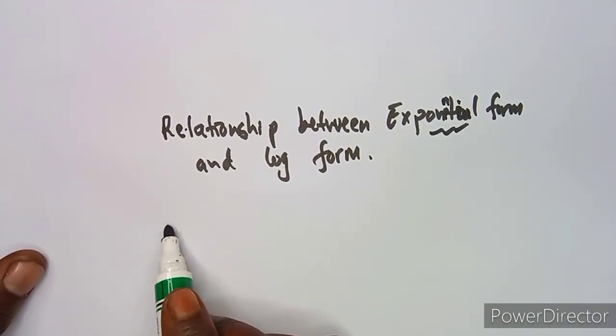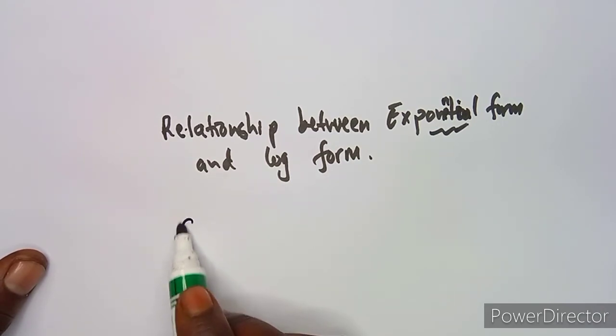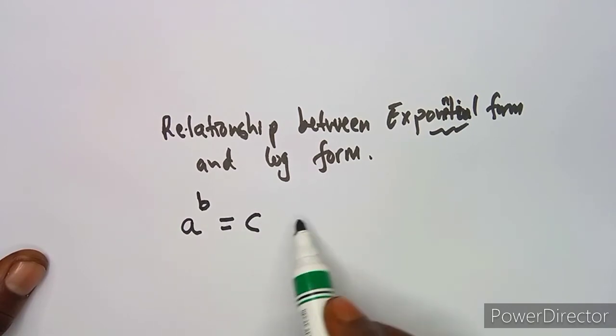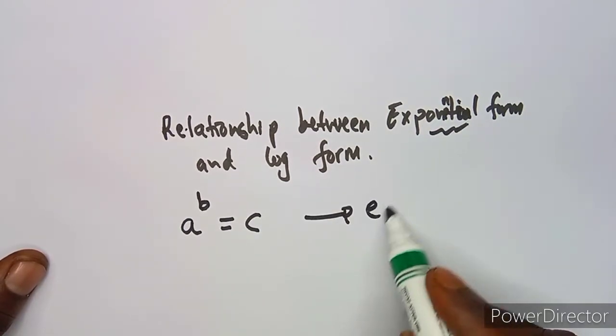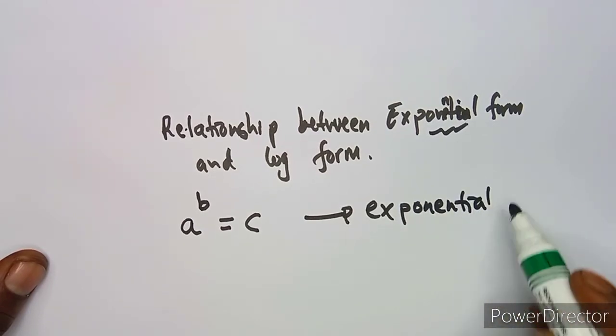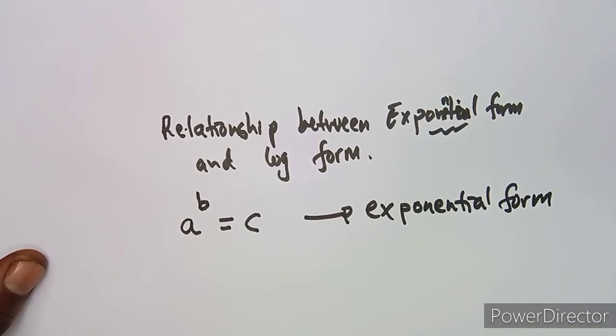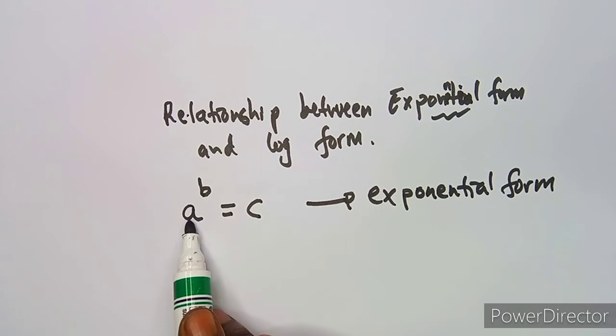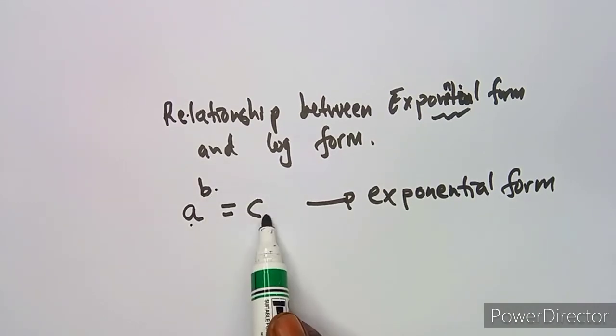In exponential form, you will be given maybe a to the exponent of b, which is equal to c. This is what we are referring to as exponential form. If you still remember from our exponential equations previously, we had a number to the exponent of something which was equated to a certain number like that. So how am I going to relate this to log form?